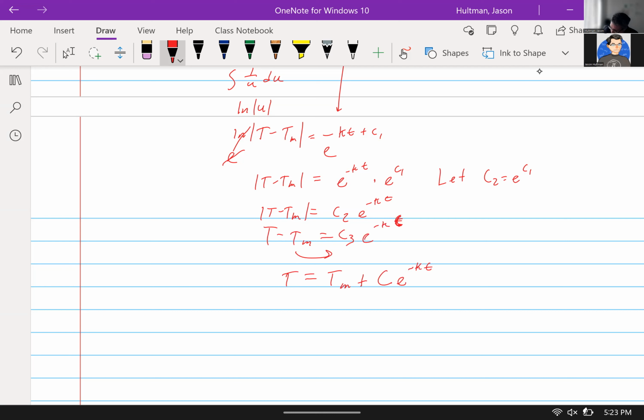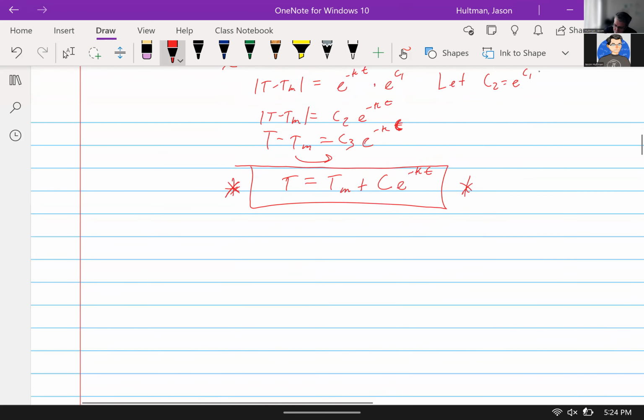So that's just some general constant c, some general constant k, and some ambient temperature of Tm. So we solved our differential equation. This is basically Newton's law of cooling solved, and we have a nice, concise formula there.